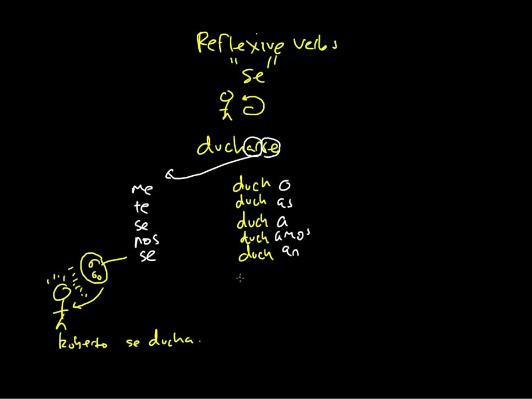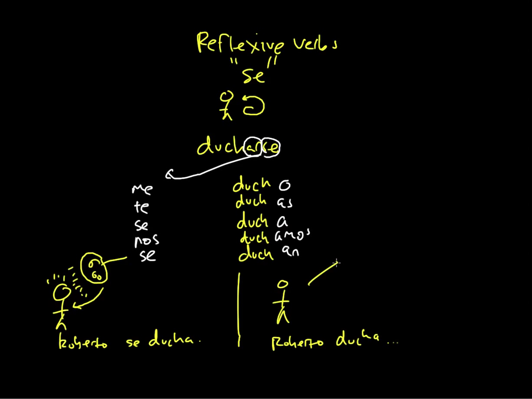Now let's draw another situation, and here is Roberto again. And this time we're not going to include the se, which means that it is no longer a reflexive verb. So we're just going to write ducha. And if we just write ducha, that implies that Roberto is going to shower something else.